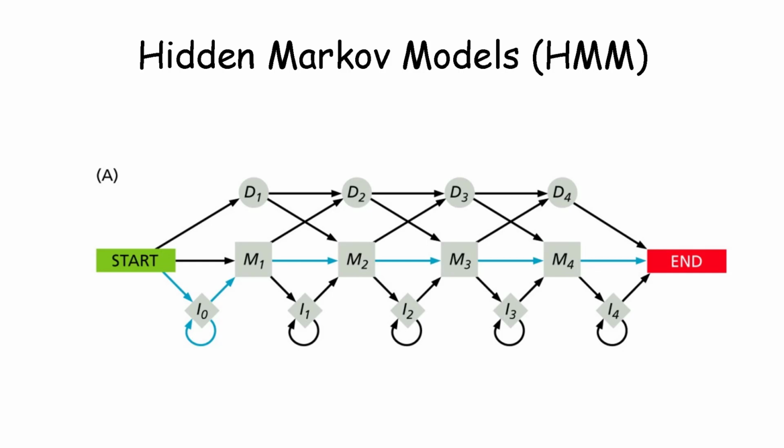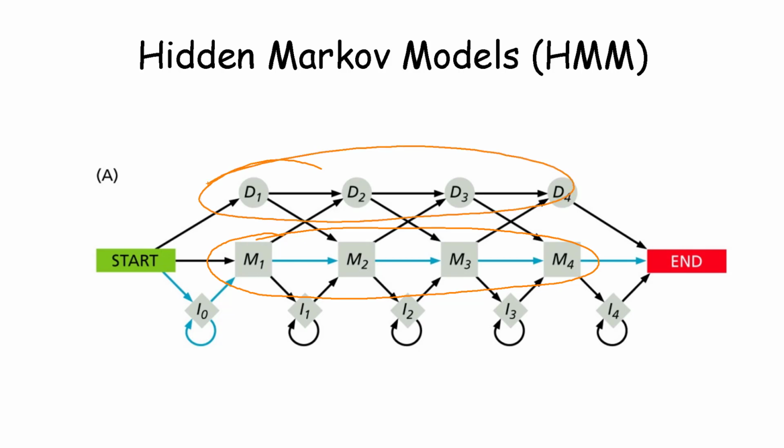A hidden Markov model is a state machine composed of nodes and transitions. Here you see 3 types of nodes: the match nodes, delete nodes, and insertion nodes. The primary advantage of hidden Markov models over position-specific scoring matrices is that gaps are now position-dependent.